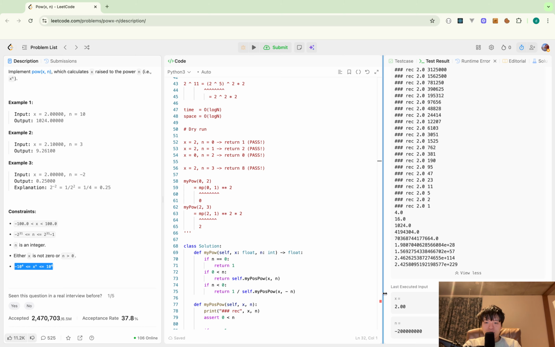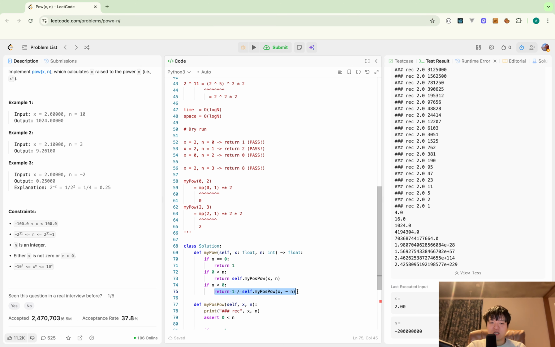Maybe I can change this. Let me try a little bit. Instead of doing this, I check this inside of the recursion.